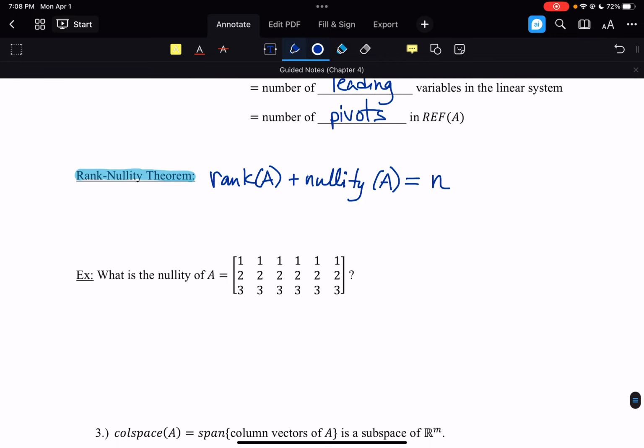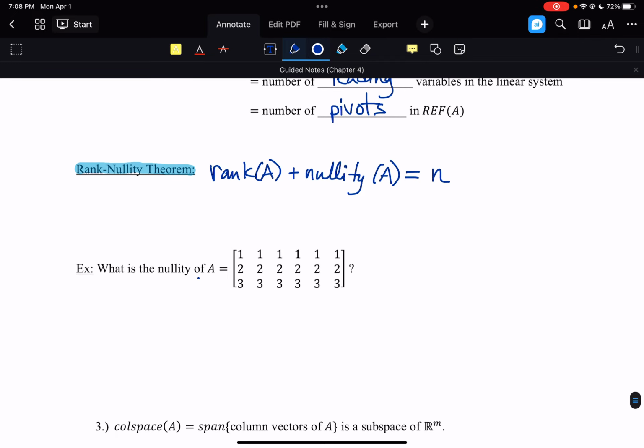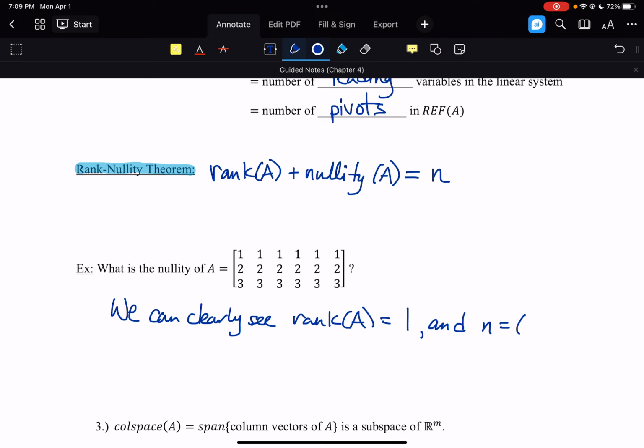For an example like this, what is the nullity of this matrix? Well, we can do this without actually solving anything. So notice there's a pivot right here, and these two rows are going to be exact multiples of the first one. So those are going to become all 0 rows. So we can clearly see that the rank of A is 1, and the number of columns is 6.